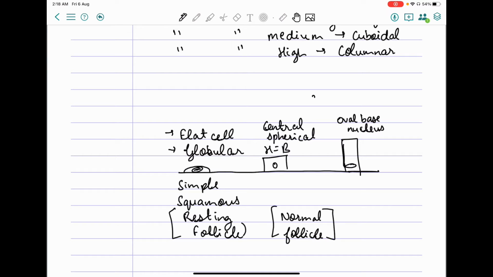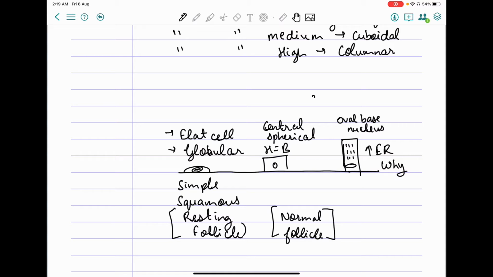I want to tell you one more thing here. These are endoplasmic reticulum. In columnar, endoplasmic reticulum is high. But why is endoplasmic reticulum higher?